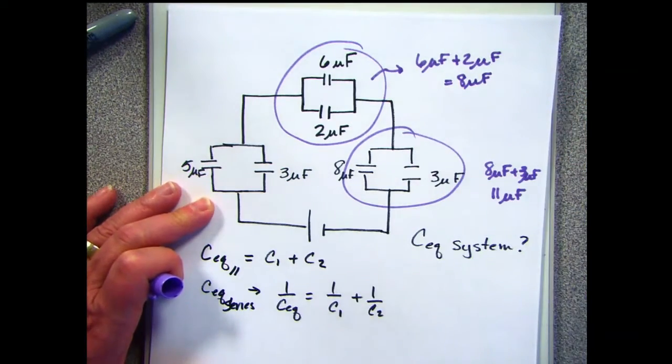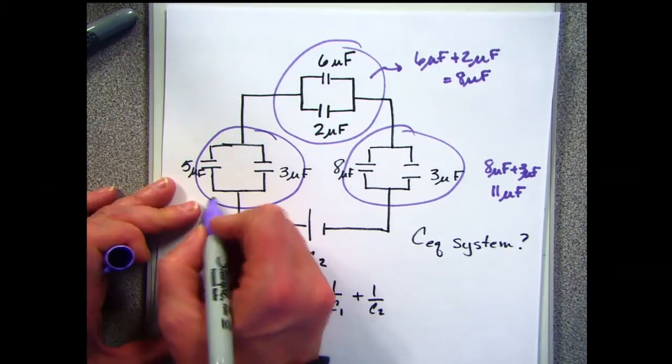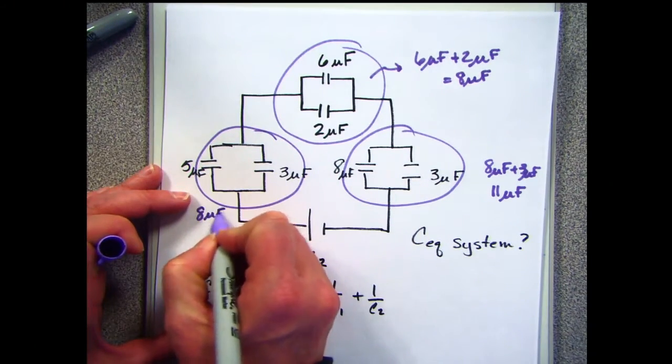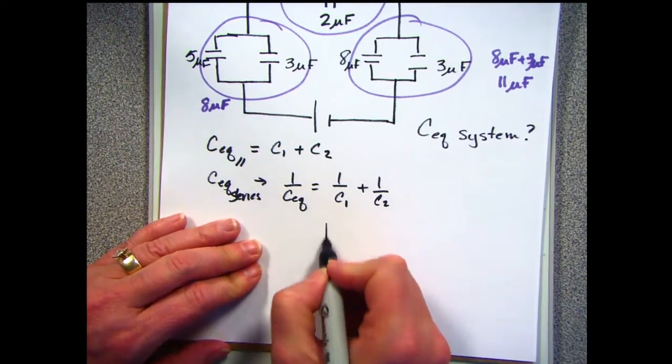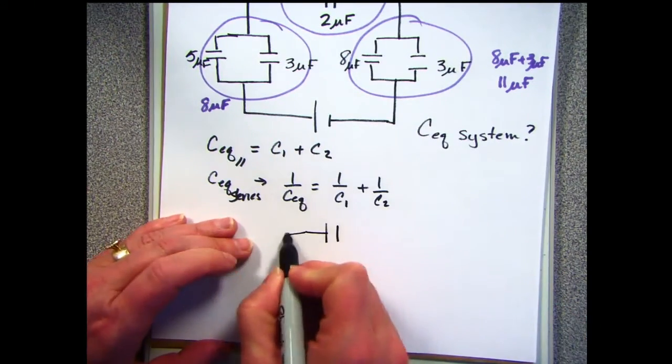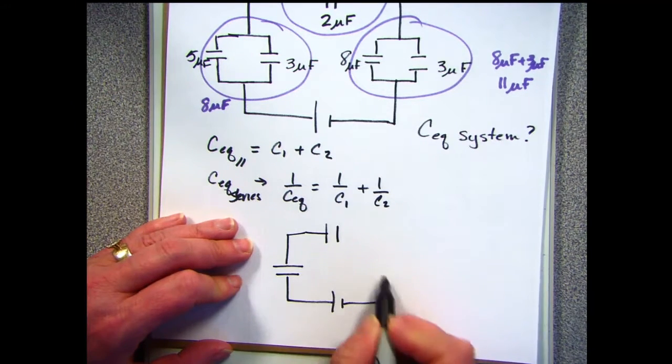So now I can redraw my circuit. When I redraw it, I'm going to have a capacitor, a capacitor, my battery, and another capacitor. This one is now 11 microfarads. This one is now 8 microfarads.